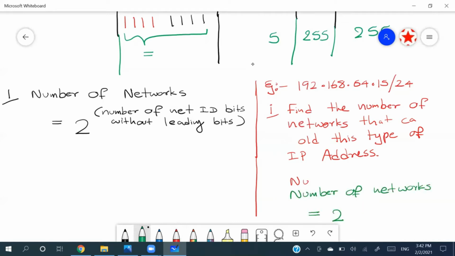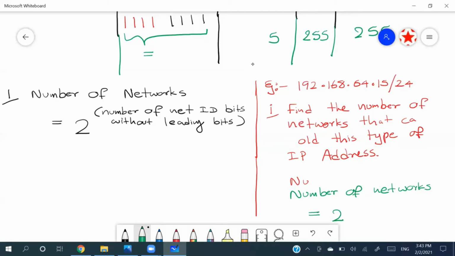And look at the equation. It says number of net ID bits without leading bits. So we need to figure out, if the IP address starts from the value 192, how many net ID bits are there, removing or deducting the leading bits.